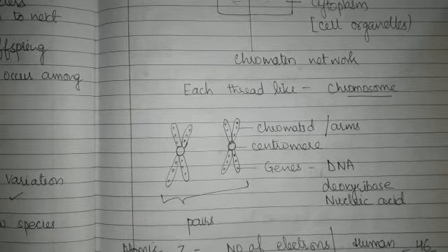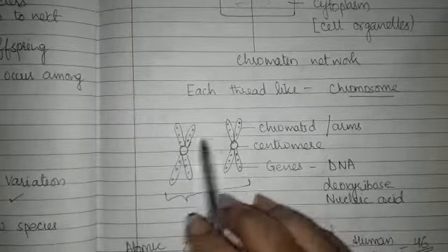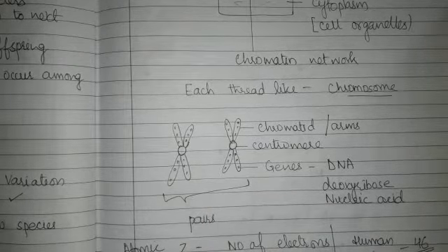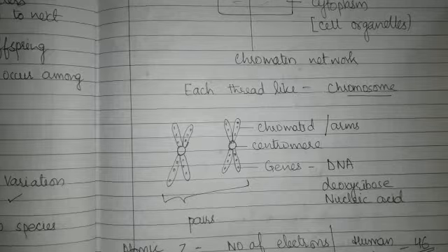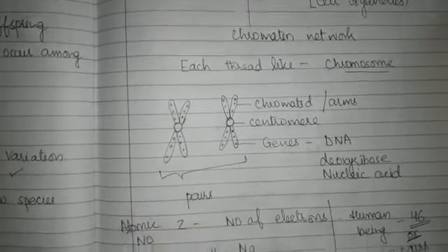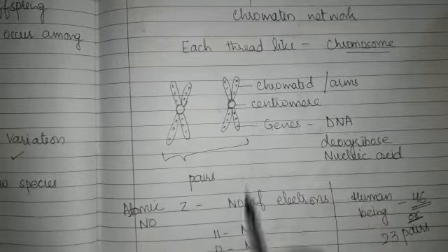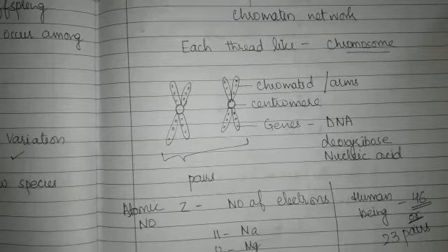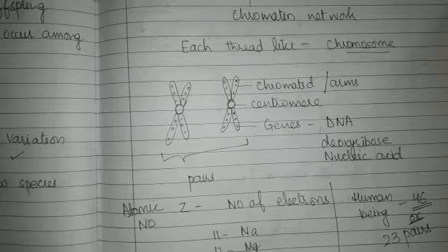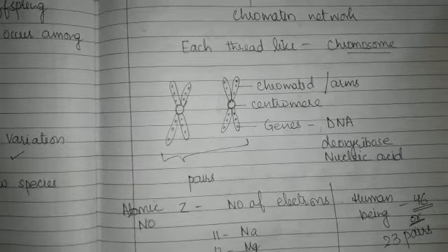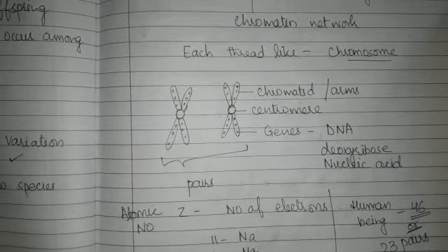What we are saying is that to control the inheritance of each character, how many genes do we have? Two genes. Then we further said that the pair of chromosomes, that is homologous chromosomes, segregate or separate during gamete formation.